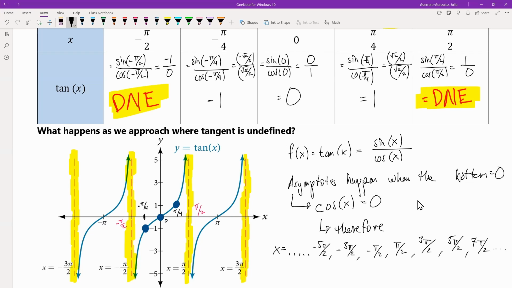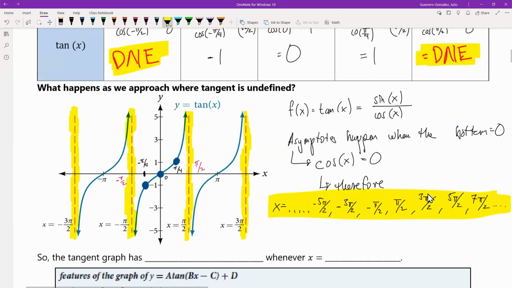So long as your angle lands on any one of these, we get an asymptote. So that answers our next question.